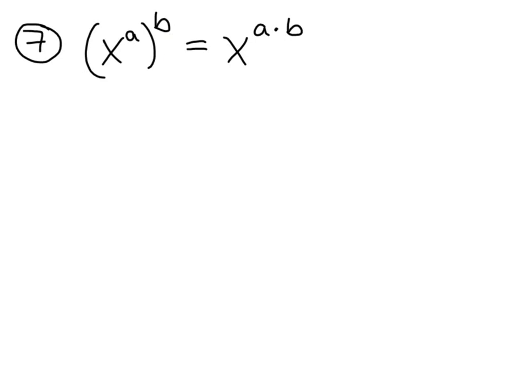The next rule we have is a power raised to a power. Now, what I'm going to do here is write a nice example. Let's say we have 2 cubed, and then we square it. What I try to do is blank out what's inside the parentheses.